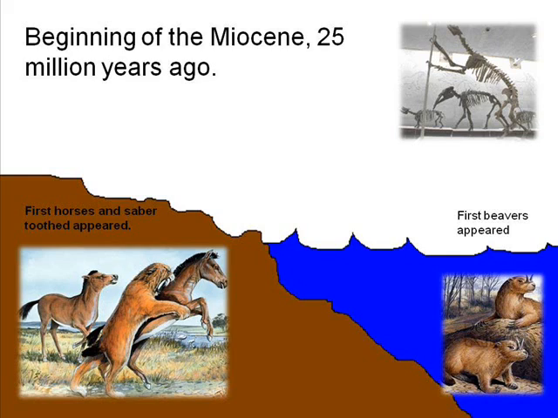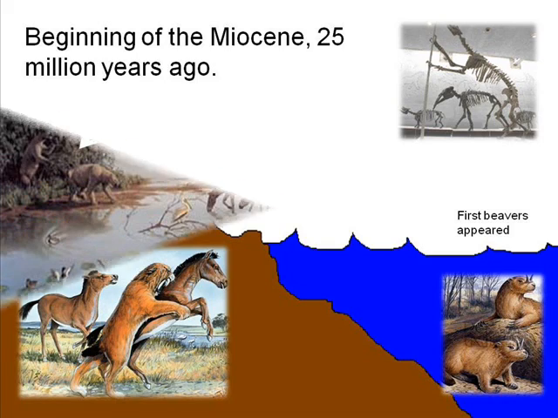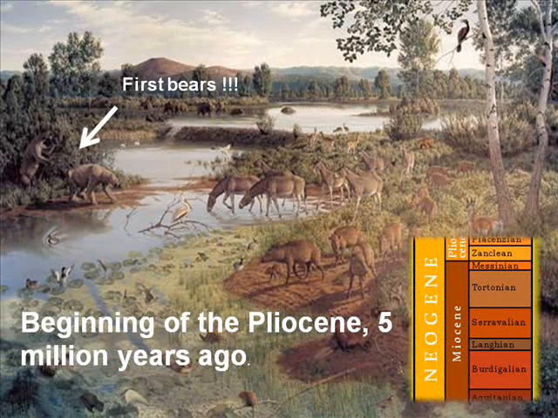Beginning of the Miocene, 25 million years ago. First horses and saber-tooth appeared. First beavers appeared. First bears. The first bears appeared in the beginning of the Pliocene, 5 million years ago.